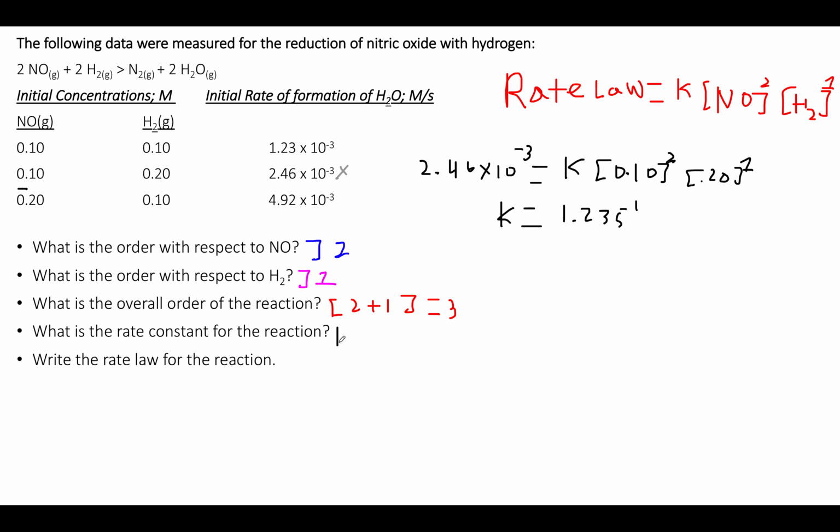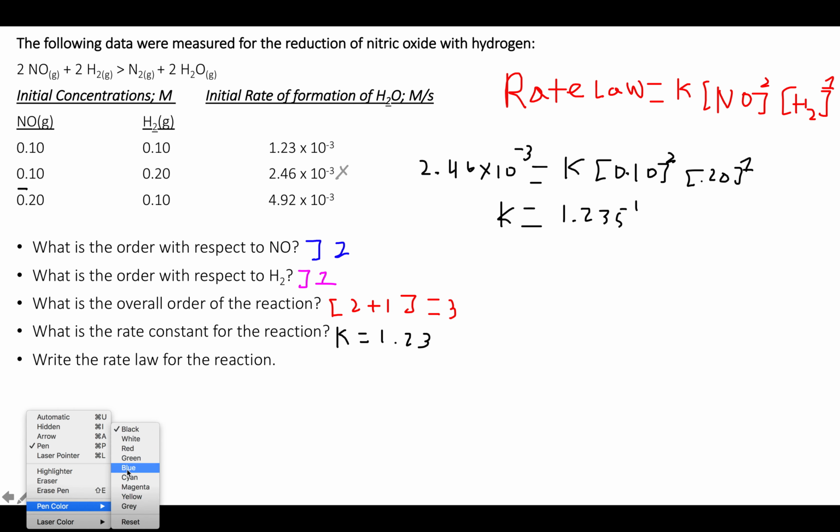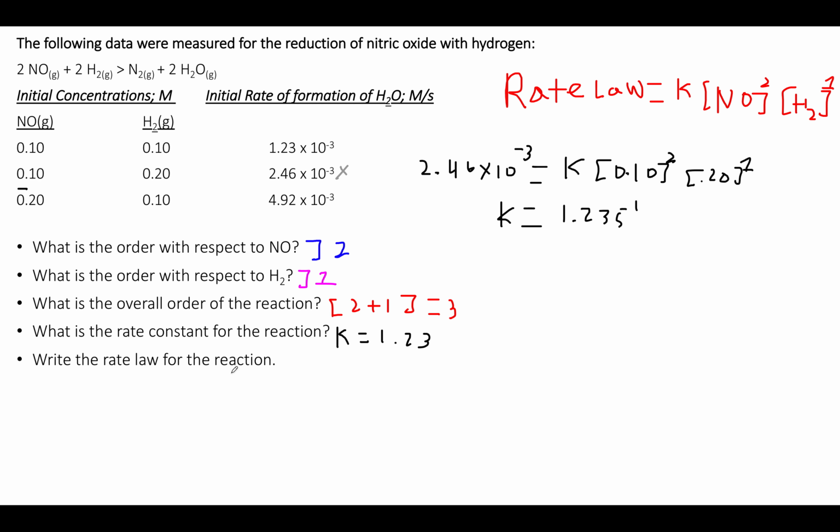So K equals 1.23. So finally, what is the rate law for this reaction? Well, we know everything now.